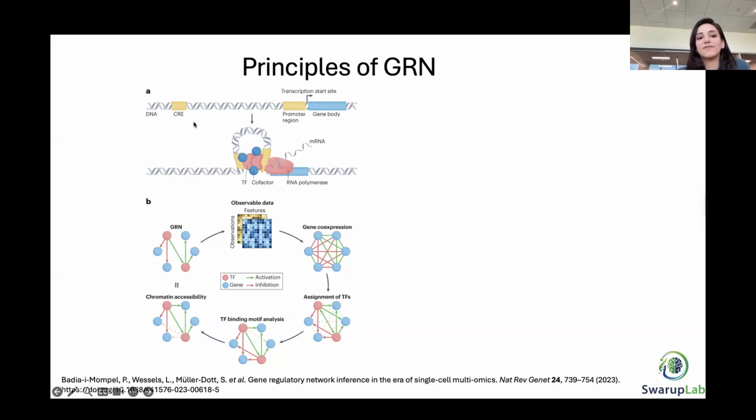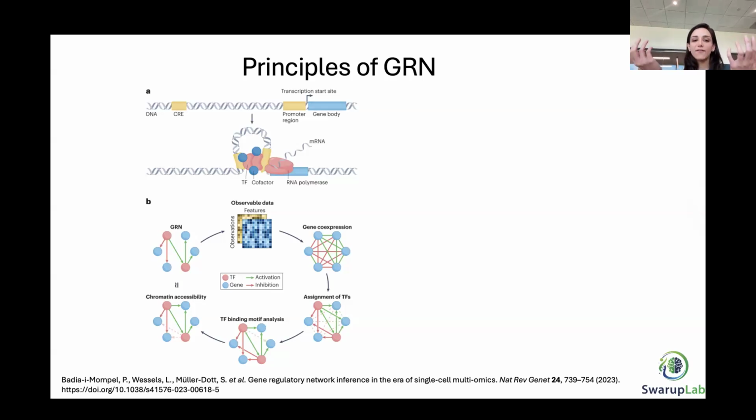So we know about the cis-regulatory elements that are these non-coding regions in the DNA, and they help bring different parts of the genome, especially the promoter region or other regions, together so that the transcription factors can bind. And when they bind, they bring in other proteins that ultimately bring in the RNA polymerase, and then we have our expression going on.